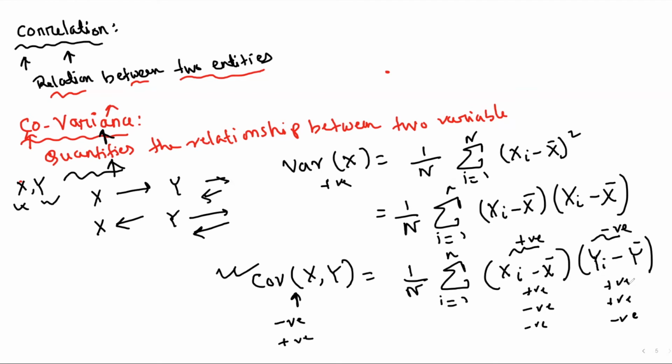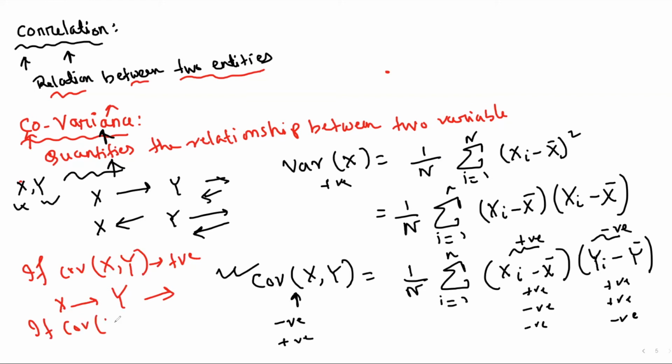So covariance can be either positive or negative. If covariance of two variables is positive, it means when x increases, y also increases. If covariance of x and y is negative, it means when x increases, y decreases, and vice versa.